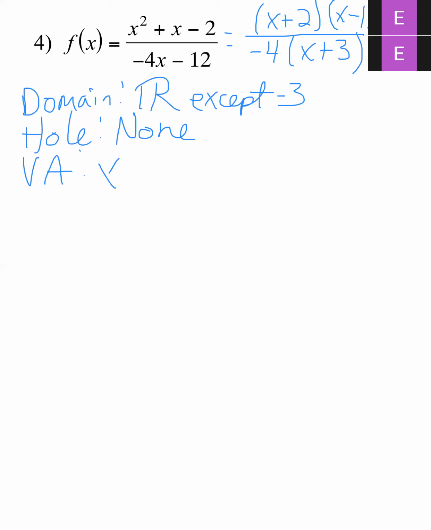That's just going to be x equals whatever makes the denominator turn into a 0 after you factored. So x equals -3. And for my horizontal asymptote, let's check out the degrees. The degree of my numerator is 2. The degree of my denominator is 1. So the numerator is greater. I have no horizontal asymptote.